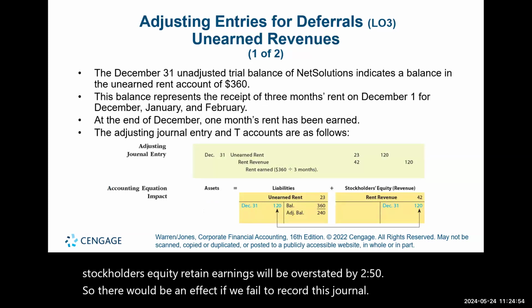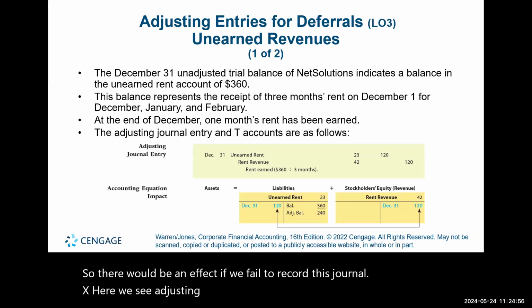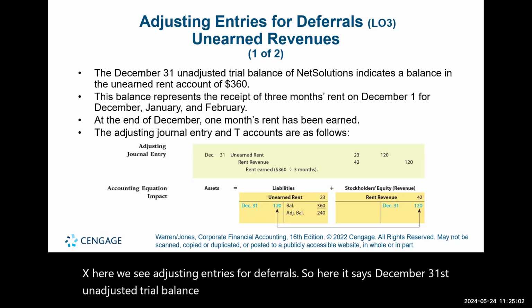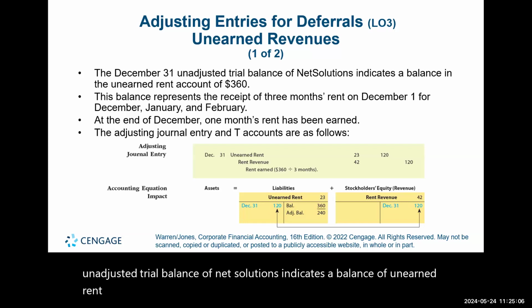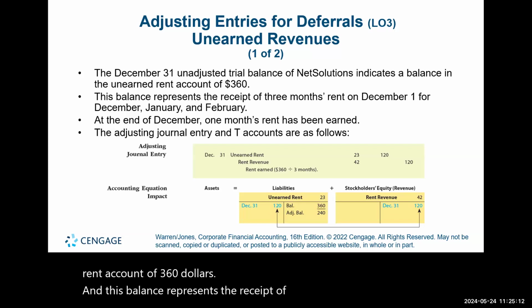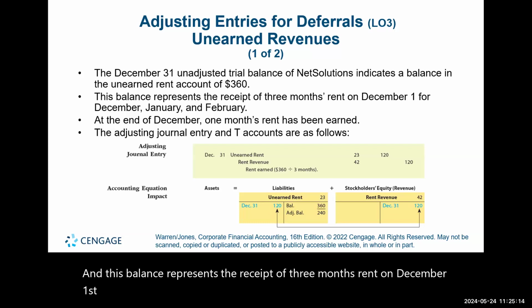Next, here we see adjusting entries for deferrals. So here it states December 31st, unadjusted trial balance of Net Solutions indicates a balance of unearned rent account of $360. And this balance represents the receipt of 3 months' rent on December 1st for December, January, and February.